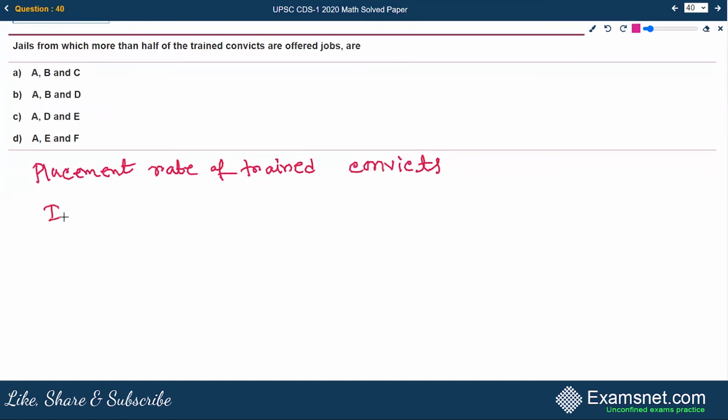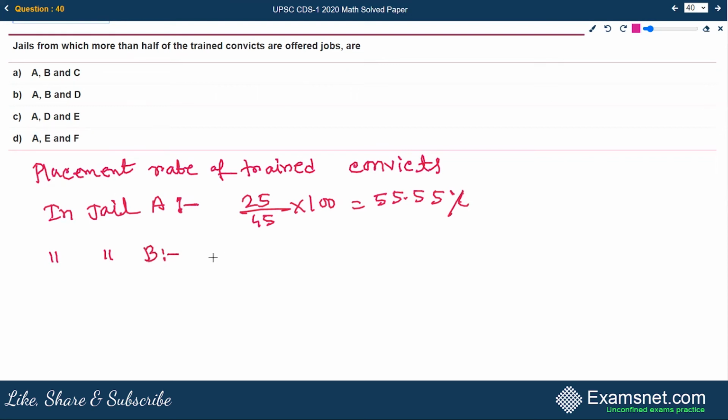So in jail A, 25 by 45 multiplied by 100, 55.55%. In jail B, 461 by 903 multiplied by 100, that is 51.05%.